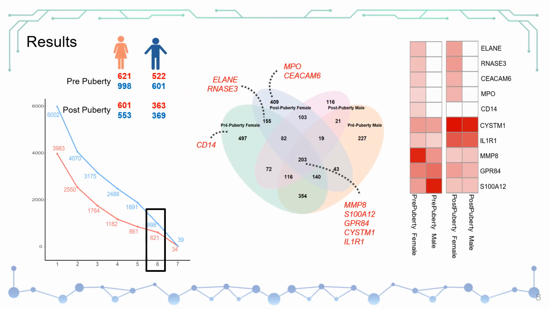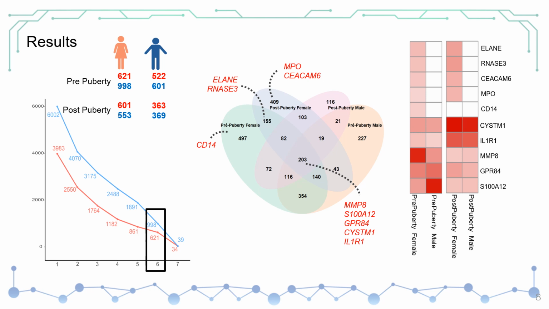Next, we performed a consistently expressed gene analysis to find those genes that have more impact on the groups for female and male. So we count the number of genes expressed, both up and down regulated, and we consider a gene consistently expressed if it appeared in 6 of 7 studies.